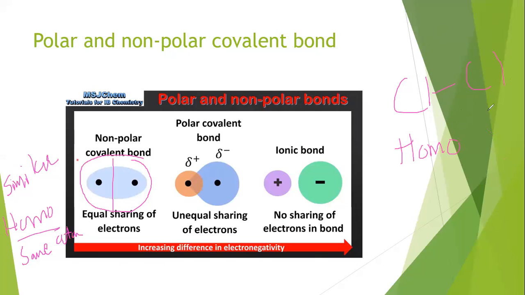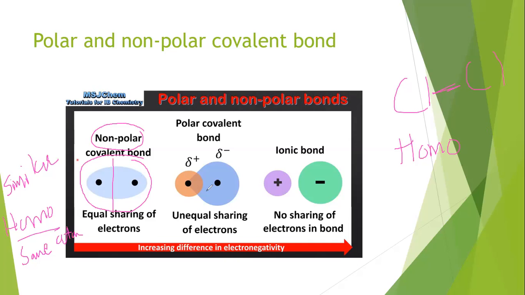In this homo molecule, the shared pair of electrons is equally distributed between the two atoms. Due to that equal distribution, both atoms will not carry any charge. That's why they are called non-polar, having no poles, because there is no unequal distribution of electrons.